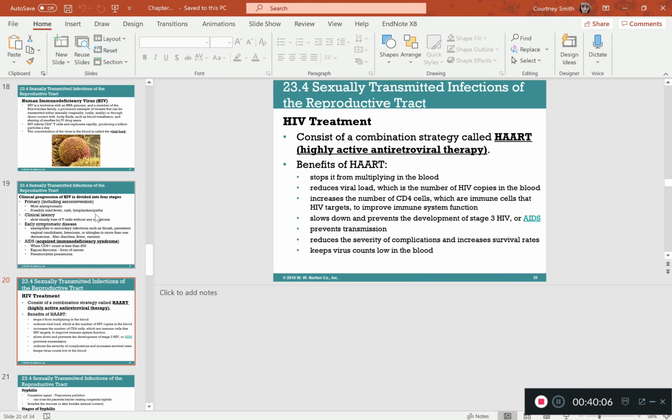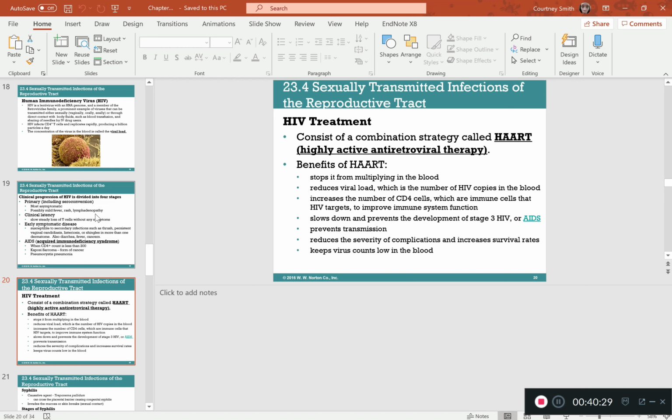But there has been a lot of progress with HIV treatment, and the most common treatment now is called HAART, a combination of antiretroviral therapy. HAART is extremely beneficial because it stops HIV from replicating inside the blood, and with that, it reduces viral load.